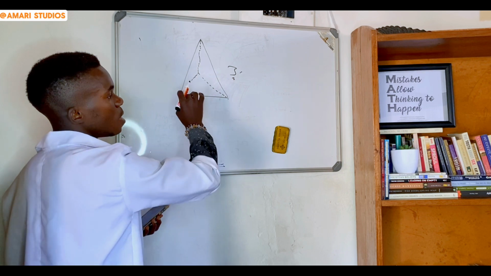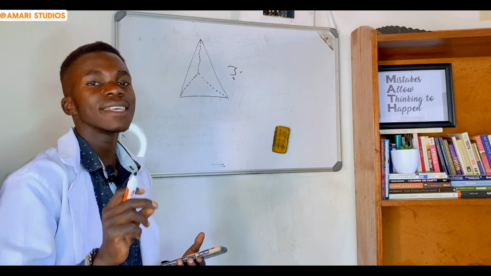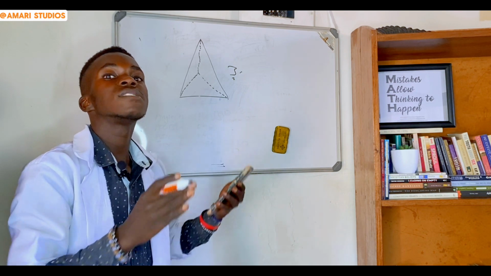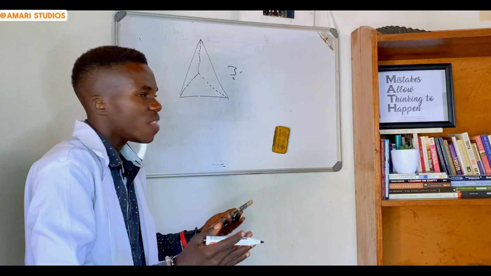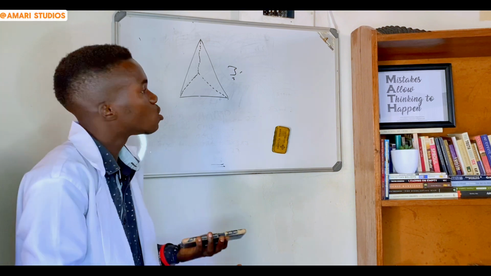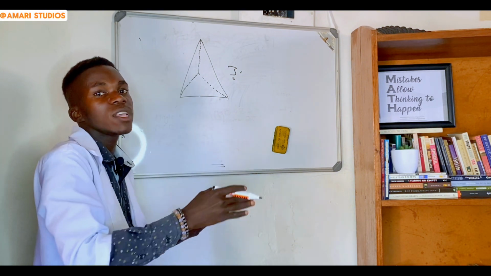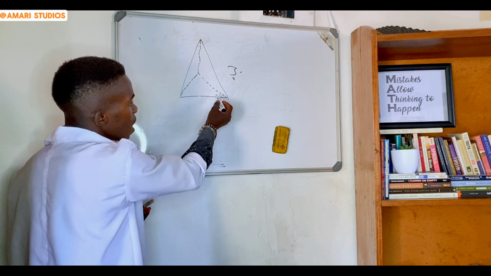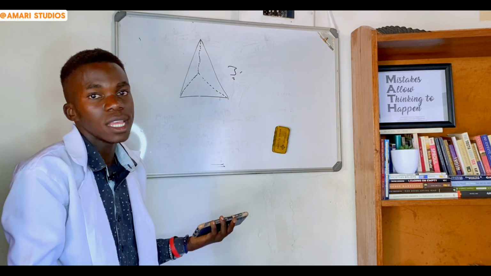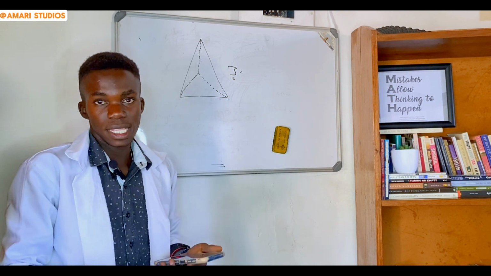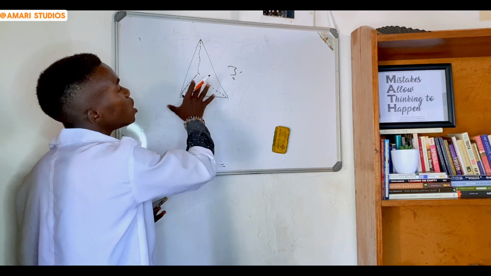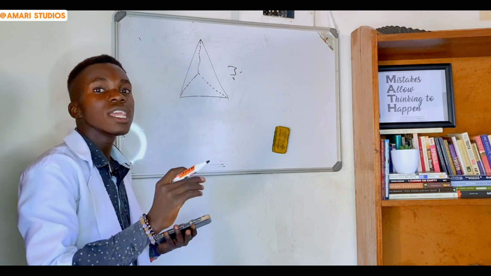This is a triangular pyramid. If the question said a square based pyramid, a square has 4 sides. So the number of sides of the base is going to be equal to the number of faces the pyramid will have. Our base here is a triangle, which has 3 sides, so the pyramid is going to have 3 faces.